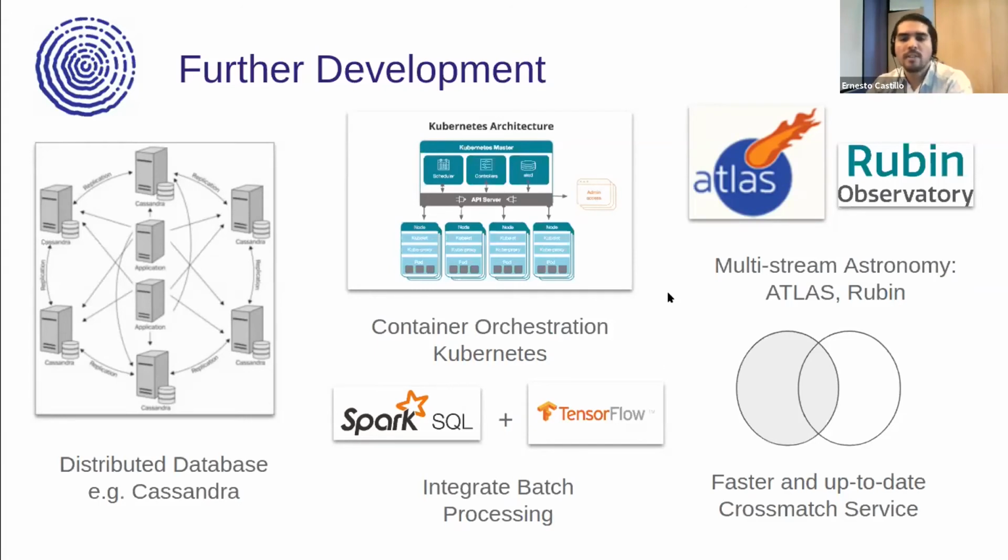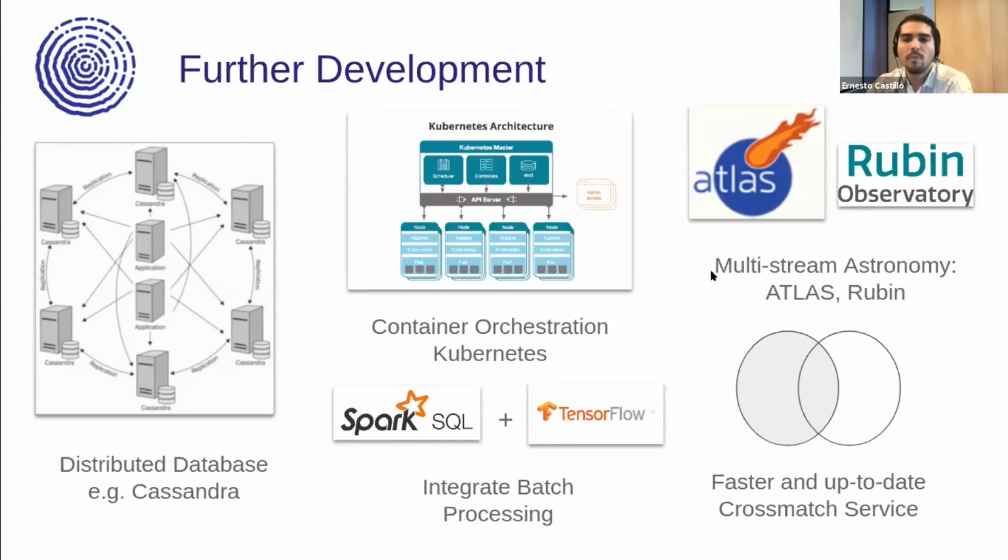And we are also starting to ask ourselves how to deal with multi-stream astronomy, because currently we are ingesting ZTF data, but in the near future we are going to start ingesting also the ATLAS survey, and in a few years more the Rubin Observatory.